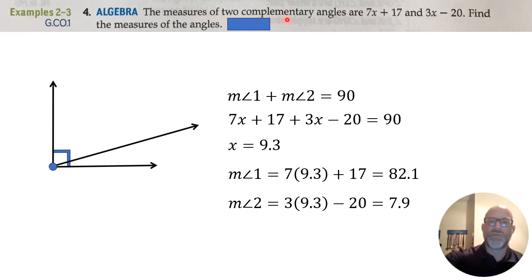If they're complementary angles, then angle 1 and angle 2 must sum to 90 degrees. We'll call the first angle angle 1, the second angle angle 2. We know that angle 1 has a measure of 7x plus 17. We know that angle 2 has a measure of 3x minus 20. I basically translated from verbal to geometric. Now from geometric, we'll go to the algebra, which you shouldn't be seeing yet, but you are.